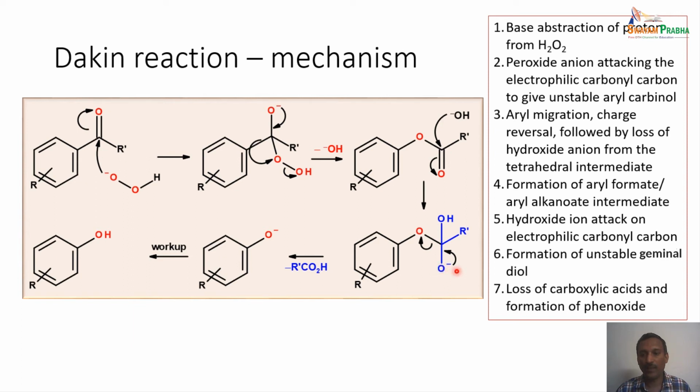And this is a geminal diol. This is quite unstable because two hydroxy groups are present on the same carbon. So this loses the carboxylic acid. This particular unit, shown here in blue, is lost as a carboxylic acid unit. That leads to the formation of the phenoxide anion, and during the workup the phenoxide anion is converted to the corresponding phenol derivative. So this is the overall reaction mechanism for the Dakin reaction.